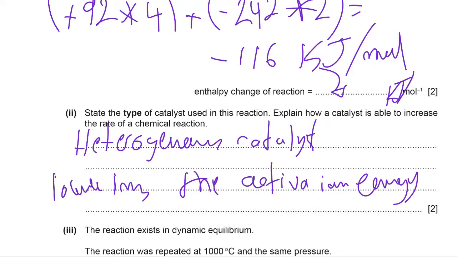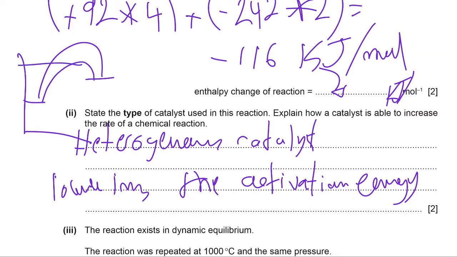If you have this reaction, this is the normal one, but in the presence of a catalyst, the activation energy will be lower. So in the presence of the catalyst, you lower the activation energy, so the rate of reaction will be increased.